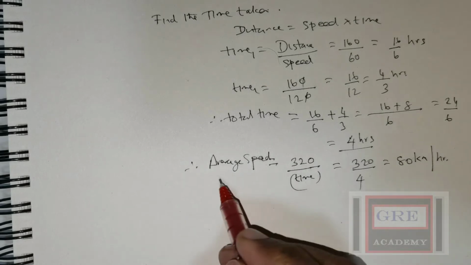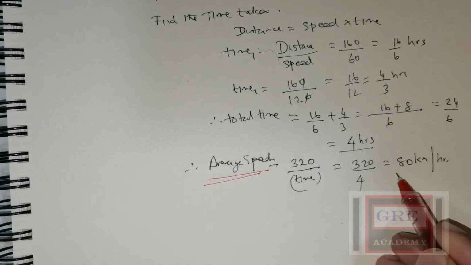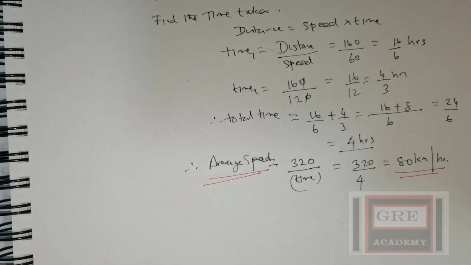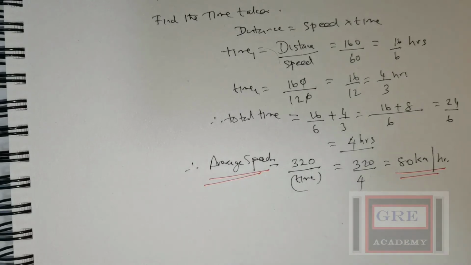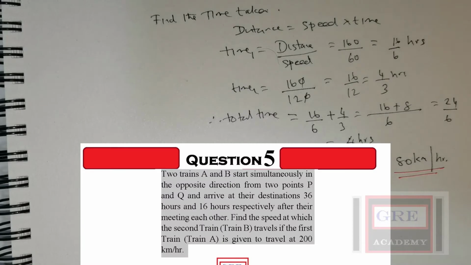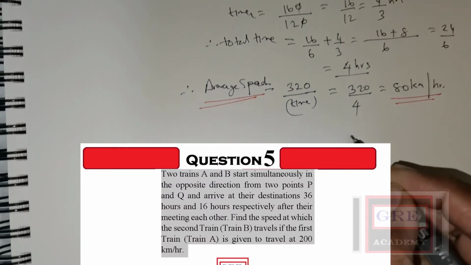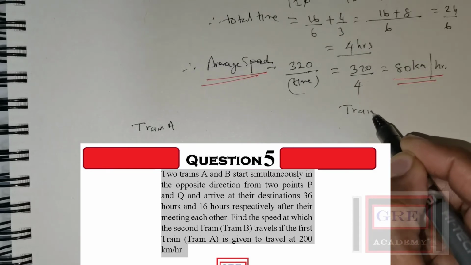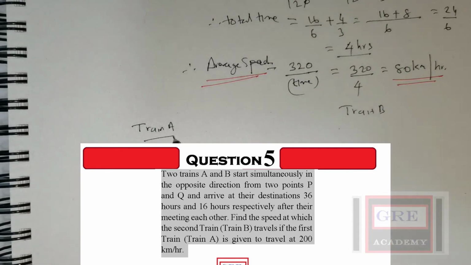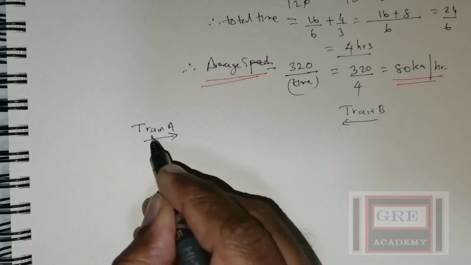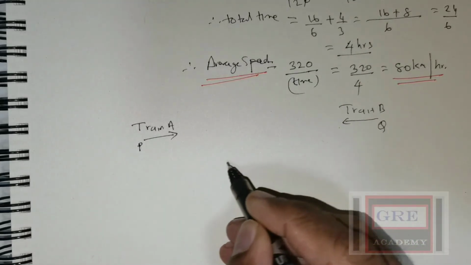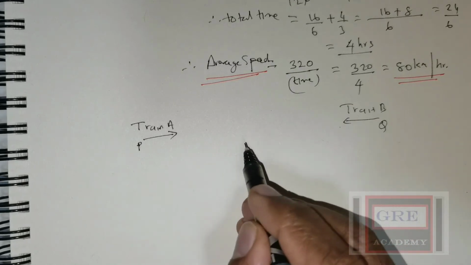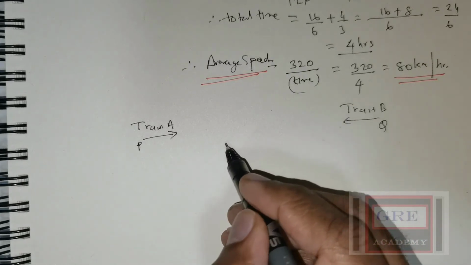In other words, the average speed for the entire journey is 80 kilometers per hour. Students, we are given two trains, train A and train B, starting simultaneously from points P and Q, and they reach their respective destinations.